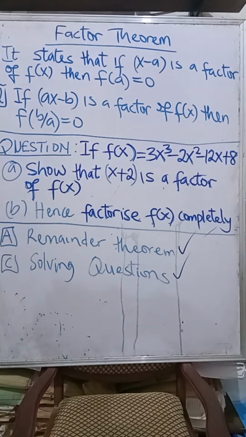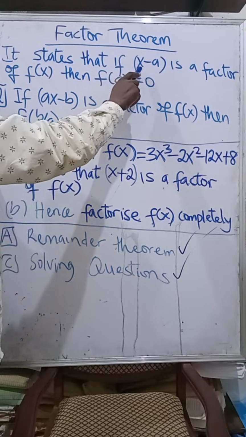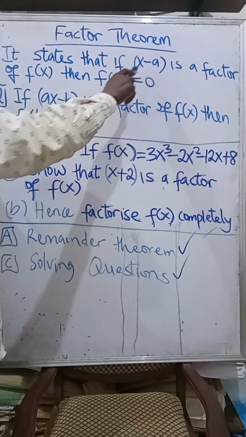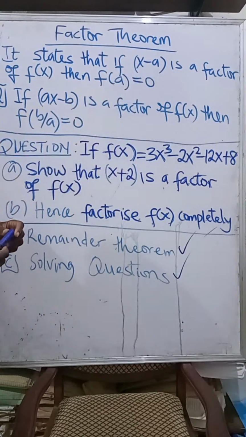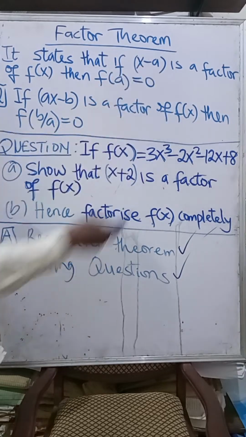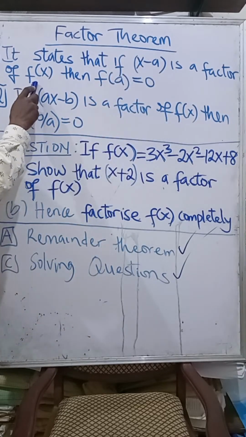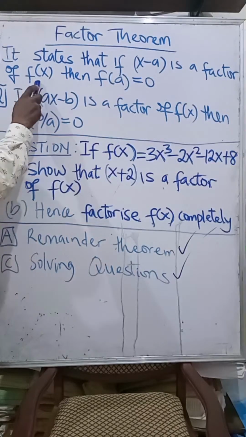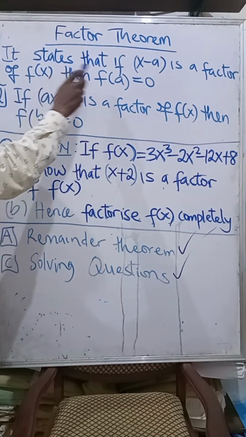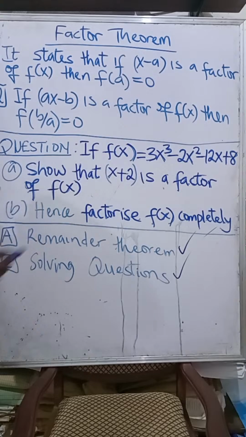So let's quickly look at what the factor theorem is. Factor theorem states that if x minus a is a factor of f of x, where f of x is a polynomial, then f of a is equal to 0.